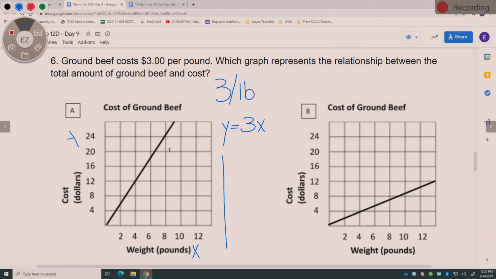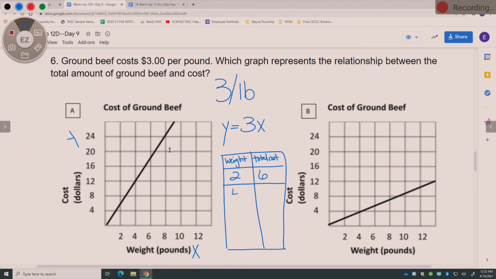So, if I need to, I can make a quick table. If my weight is 2 pounds, then my total cost is going to be 2 times 3, which is 6.